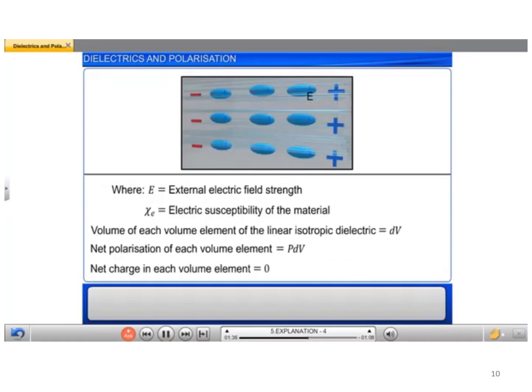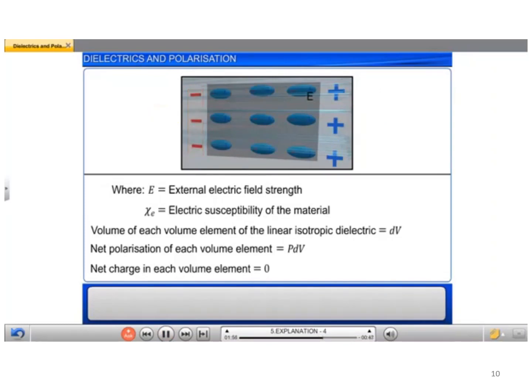The resultant effect in the material due to the uniform external electric field will be the formation of an induced positive charge density plus sigma induced on the right face of the dielectric, and minus sigma induced on the left side of the dielectric.